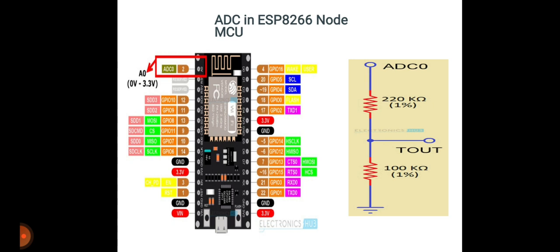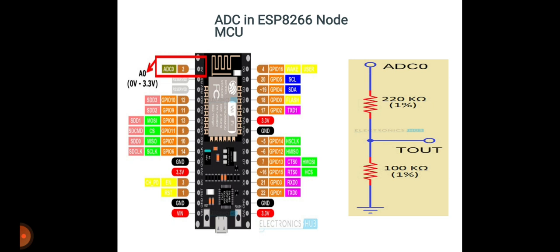So the voltage range of the ADC is 0 to 1 volt. We know that. If you want to use the ADC for 0 to 3 volt, then you have to use the voltage divider circuit, which you can see in the figure.